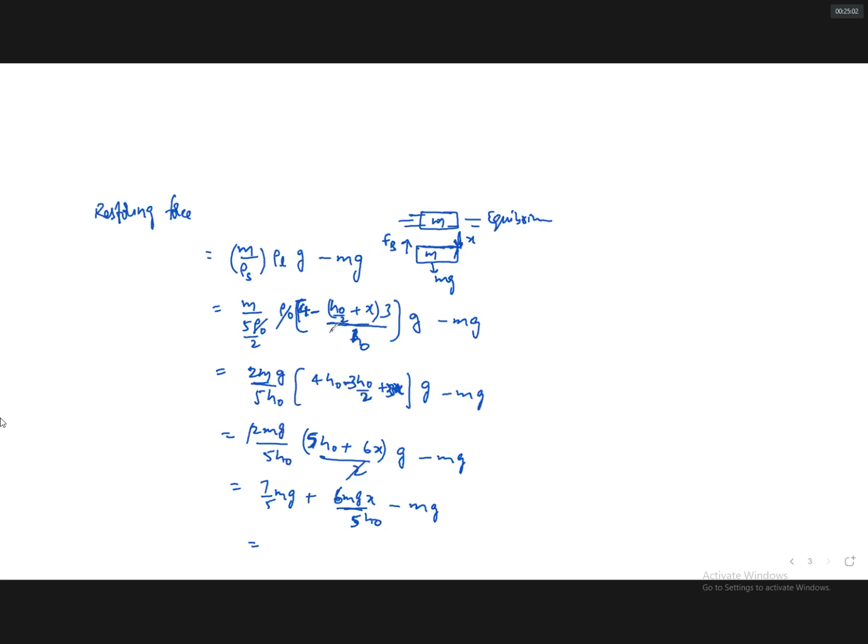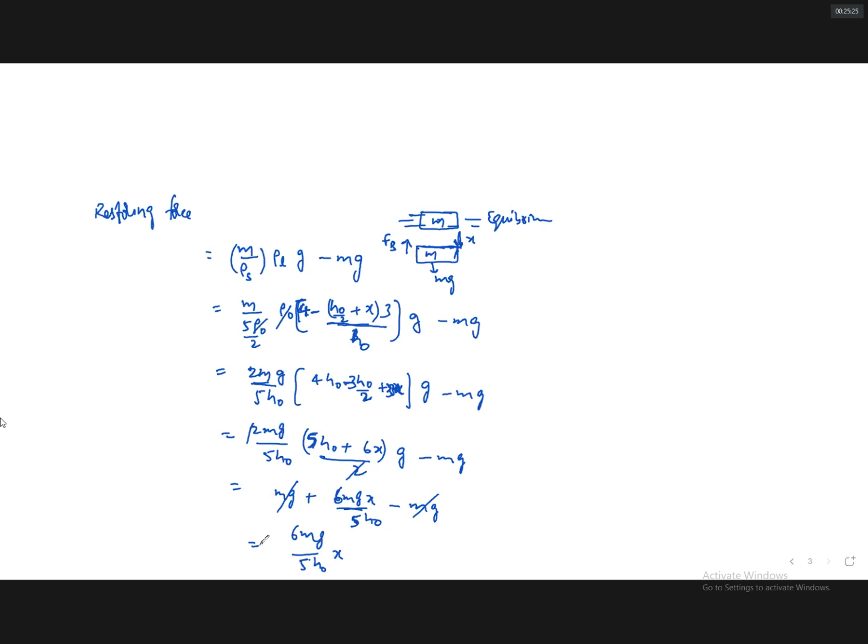So 5 h naught, 5 h naught get cancelled, 2 gets cancelled. So here we have the mg term only. Therefore, the mg term gets cancelled and we get 6 mg by 5 h naught into x.